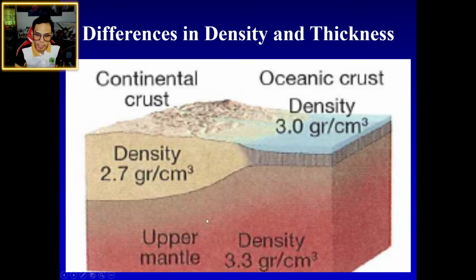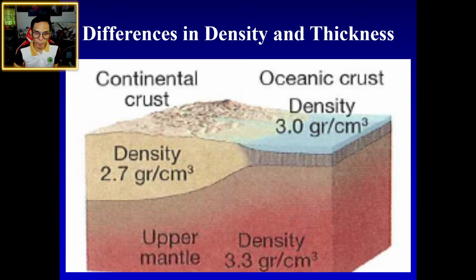Now, as you can see right here, based on the definition of isostasy, the crust is floating above the mantle. So it means that the continental crust and the oceanic crust are not totally submerged in the mantle. They are partially submerged in the mantle.